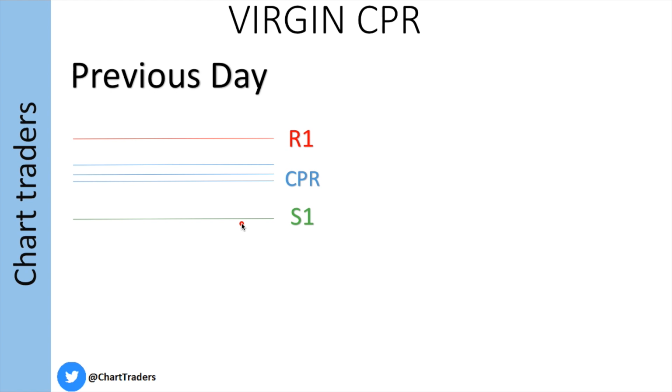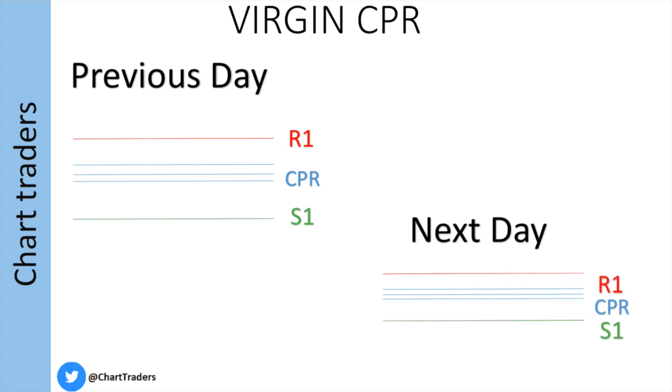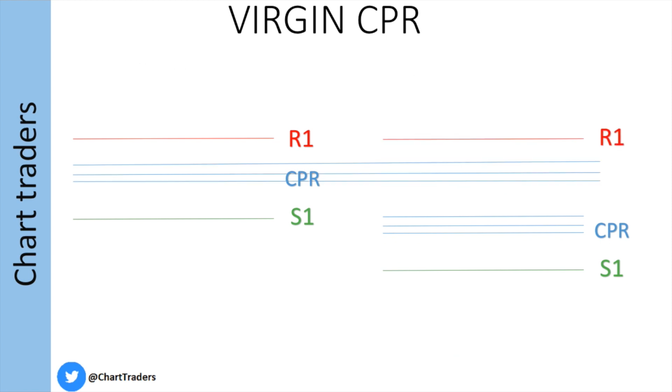So what you have to do on the next day is extend your CPR. This is your previous day CPR and this is your next day CPR. Whenever price touches this CPR line, for example when the previous day price was below the CPR, on the next day you can go short here, and price will come down to your present day CPR or present day support.